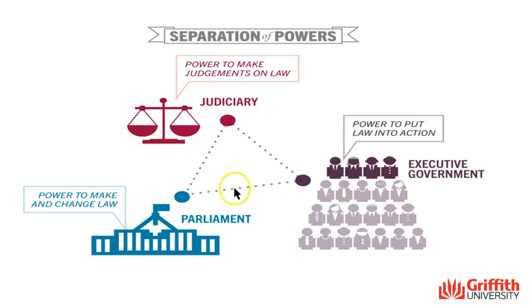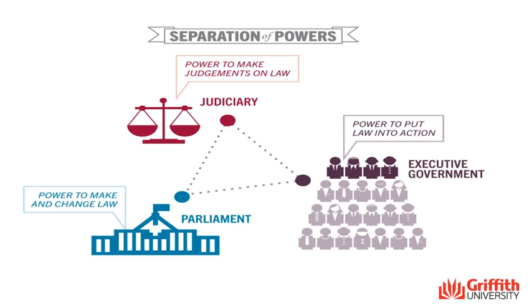The legislature makes the laws, the executive puts the laws into operation, and the judiciary interprets the laws. The doctrine of separation of powers is often assumed to be one of the cornerstones of fair government. A strict separation of powers, however, is not always evident in Australia.